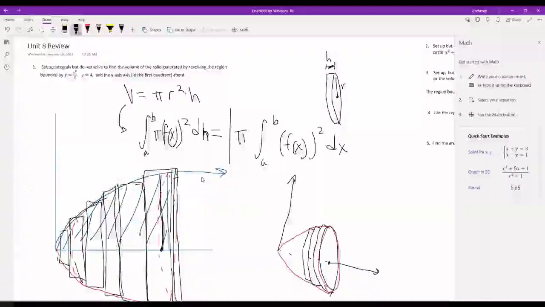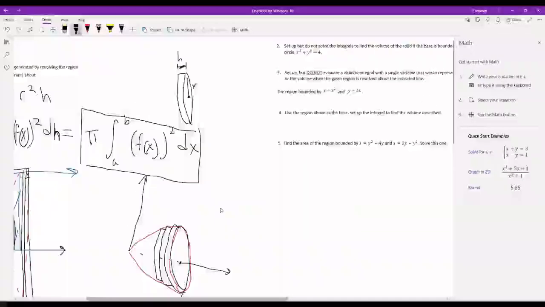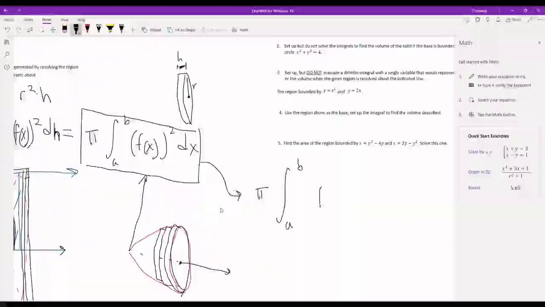So we're kind of looking for something like this for the washer method. And then obviously if this is assuming it's the x-axis, if it's a different function, then it's just minus the other function. So if we go over here, f of x minus g of x squared dx.